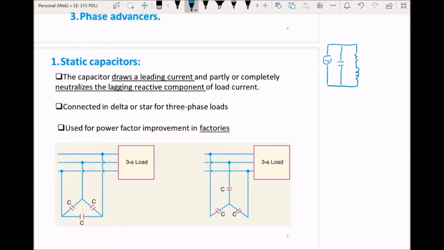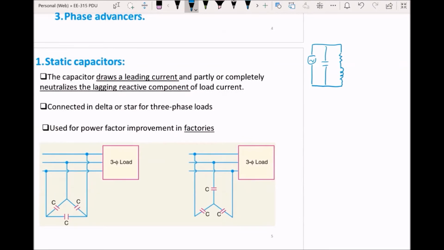If I just write it down, the expression was VI' sine phi 2, where I' was the compensated current and phi 2 was the corrected angle after the equipment being used, and that is equal to VI sine phi 1 minus VI_C.